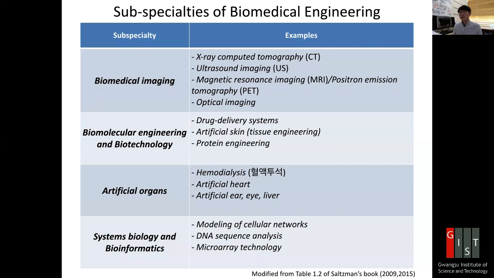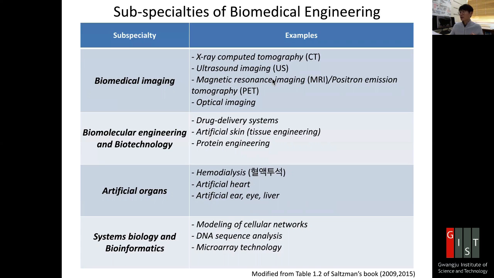Other kinds of subspecialty, for example, biomedical imaging. You probably have heard a lot of X-ray CT, which is typically required for a regular exam. And another is ultrasound imaging, the use of sound to build 2D or 3-dimensional shapes inside our body.